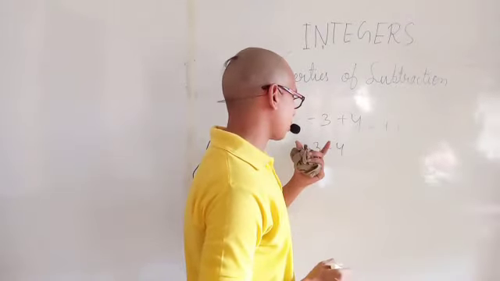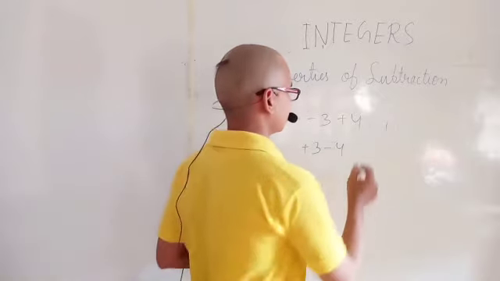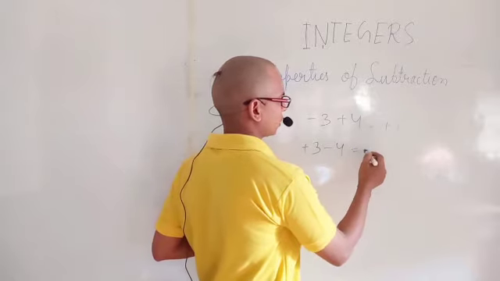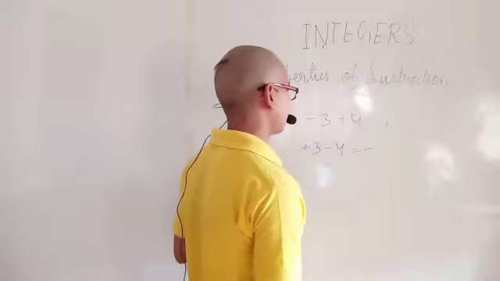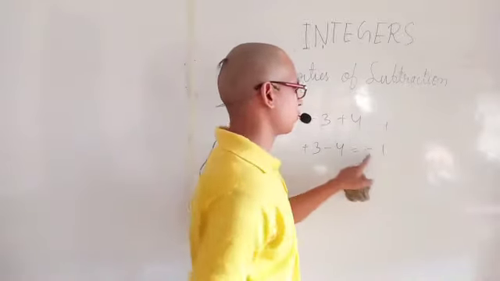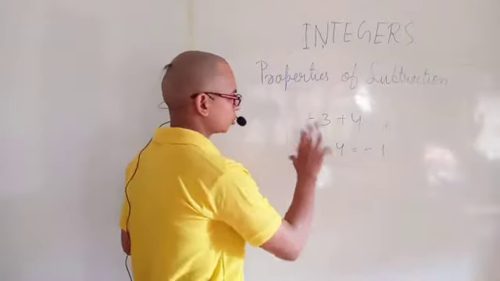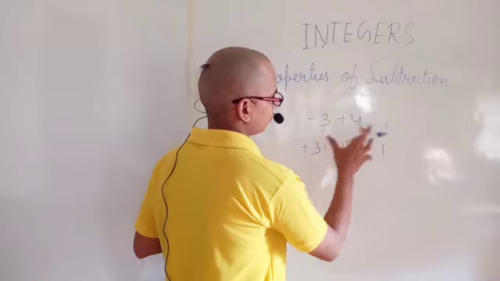There also subtraction will take place, but the sign will be of the bigger number. So we have 4 as the bigger number, that's why we take a minus. And if we subtract them, 4 minus 3 we get 1, so the answer will be minus 1. Okay, so in both cases subtraction will take place but the sign will be of the bigger number.